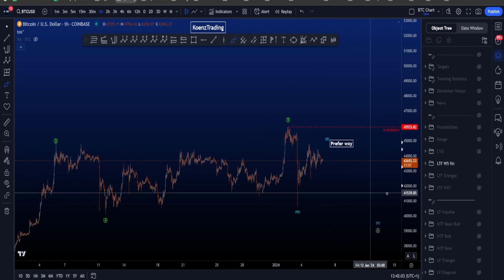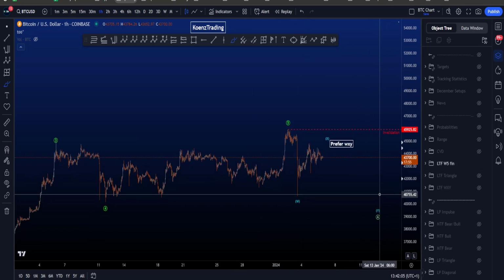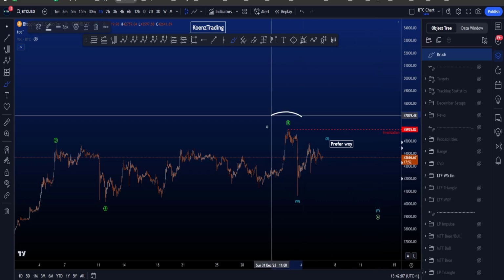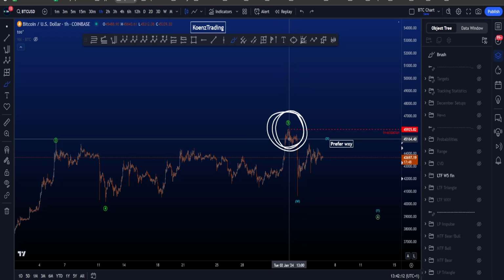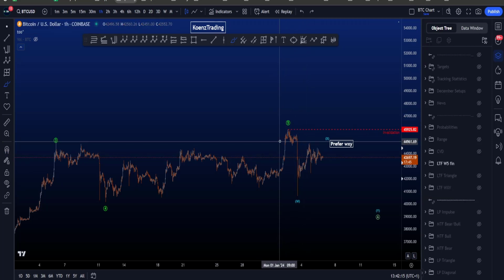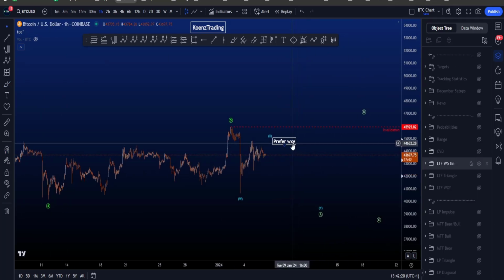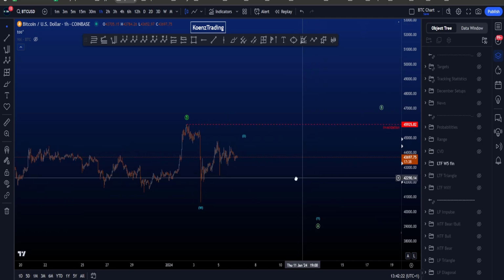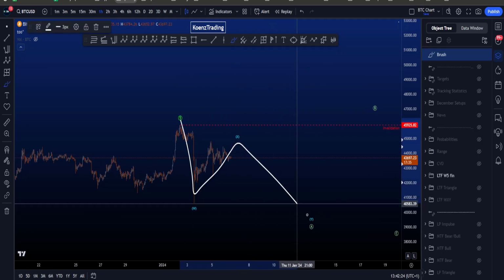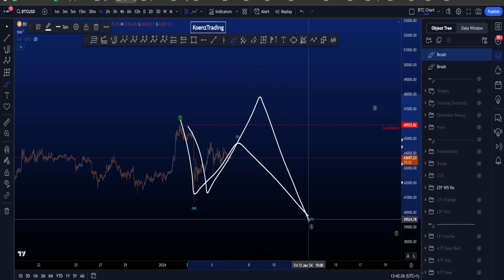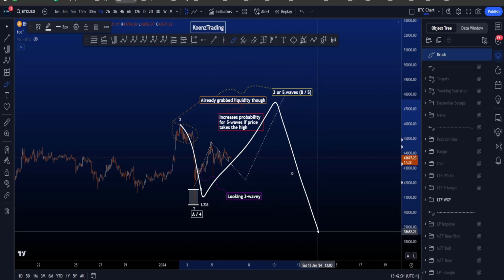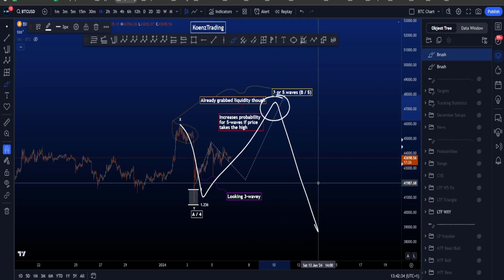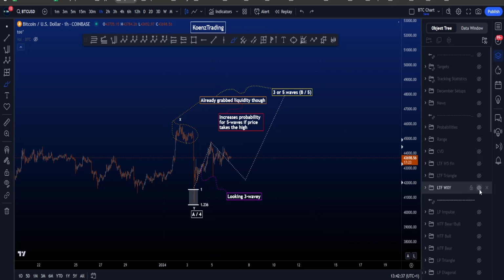And then the final scenario here is the scenario where we are taking the low. In this particular scenario, this high is not the high of a corrective structure in a wave B or a wave X, but now this is the end of a wave 5, and we are looking for a bigger corrective structure to the downside. Now in this particular scenario, we are then looking here for potential WXY, and I prefer a WXY over a potential ABC for the reasons mentioned over here, where if we look for an A, B, and C, then what is the value of grabbing the liquidity again, as we already took that liquidity, right?